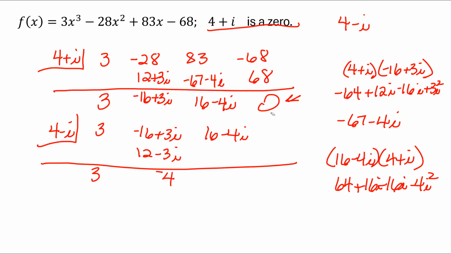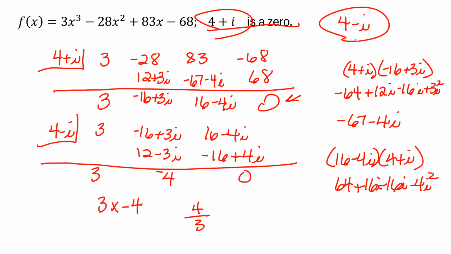And negative 4 times 4 minus i is going to be negative 16 plus 4i, which is going to be 0. So all I'm left with here is 3x minus 4. So the number that makes that 0 is going to be 4/3. So my zeros are going to be 4 plus i, 4 minus i, and 4/3.